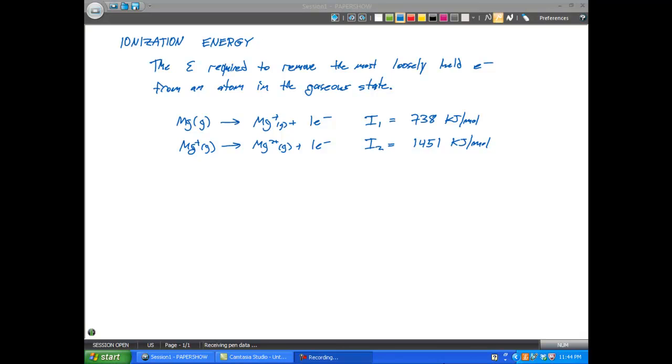Another thing to say is that each succeeding ionization is larger than the previous one.